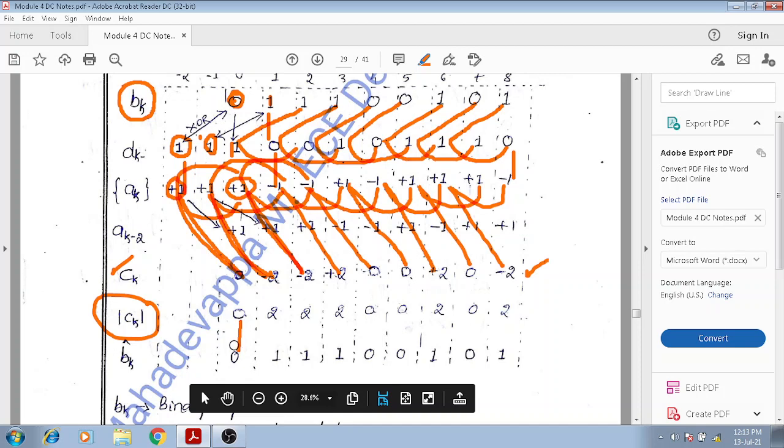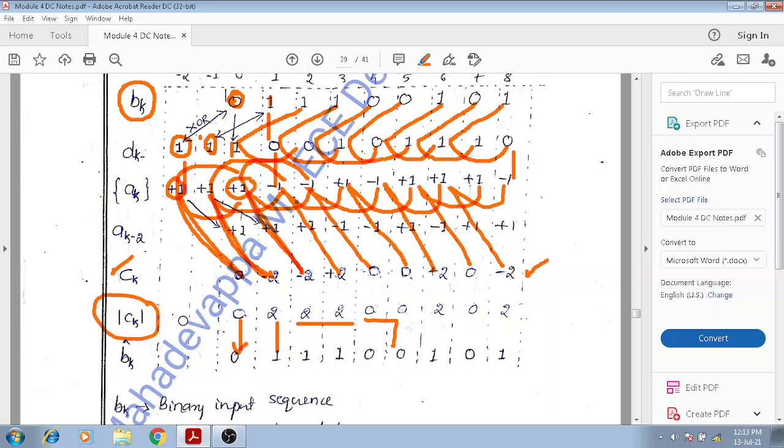So 0 is there, so it is less than 1. 2 is there, it is greater than 1, which means the output is 1. These are also greater than 1, so the output is 1. If it is less than 1, the outputs are 0. So 2 is again greater than 1, 0 is less than 1 so 0, 2 is greater than 1. So the decision device will compare Ck with respect to the threshold value 1, not 0. The threshold value is set as 1.